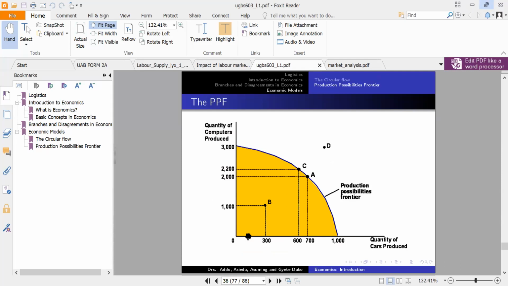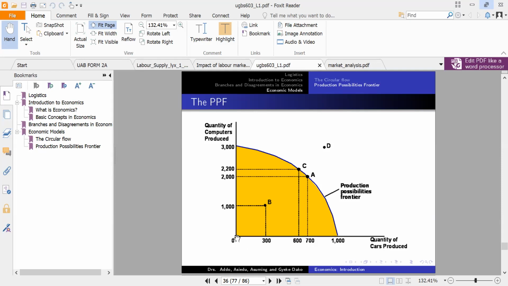This is an example of how the PPF looks. What can a country possibly produce? Two items: computers and cars. If the country uses all the resources it has to produce cars, it can produce 1,000 units of cars. So the maximum they can produce with all the resources is 1,000.